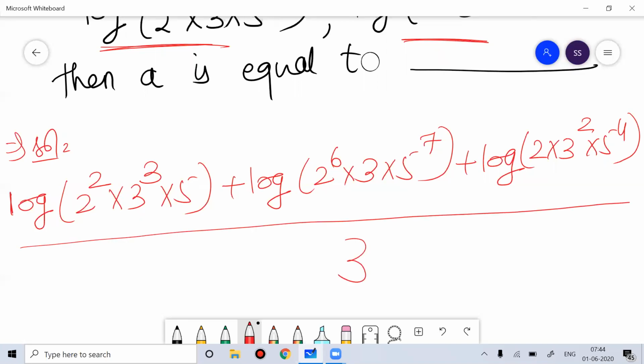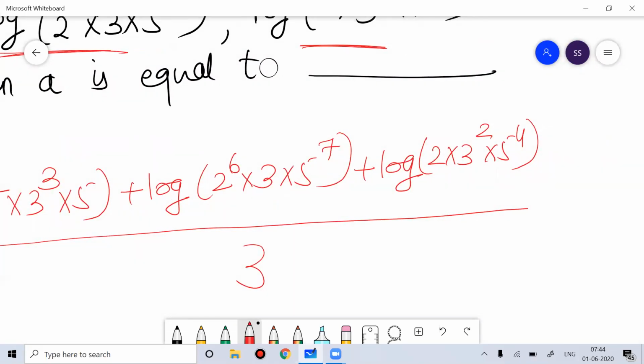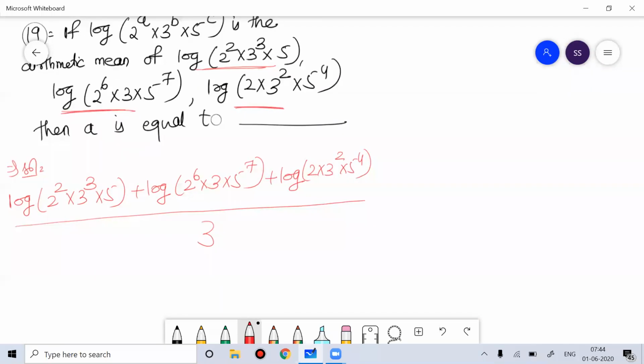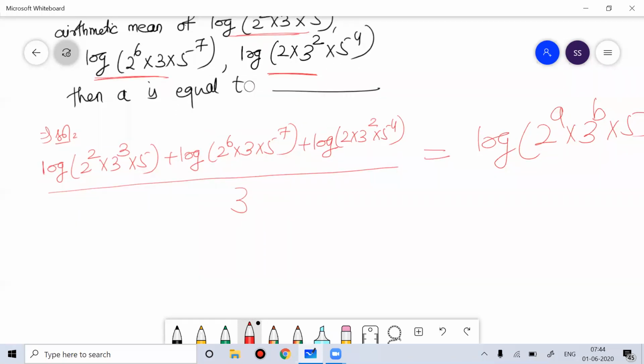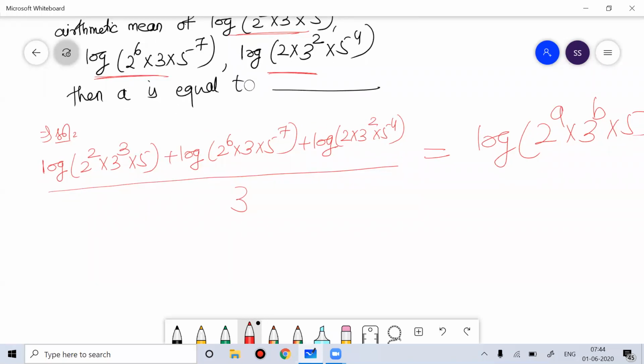Okay, so arithmetic mean of this is equal to log of 2 to the power a into 3 to the power b into 5 to the power c. So you know that log a plus log b plus log c is log abc.